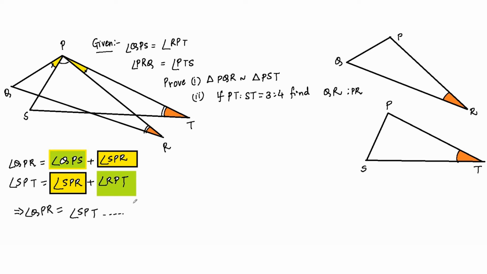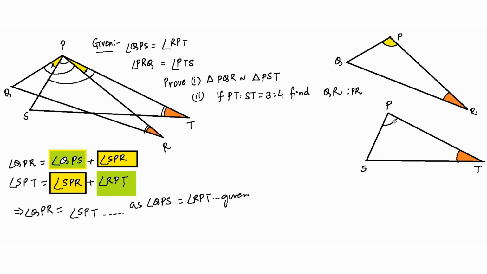The reason is that angle QPS is equal to angle RPT, which is given in the question. So essentially I took QPS and added the common angle, and similarly I took angle TPR and added the common angle, and suddenly I got angle QPR equal to angle SPT.